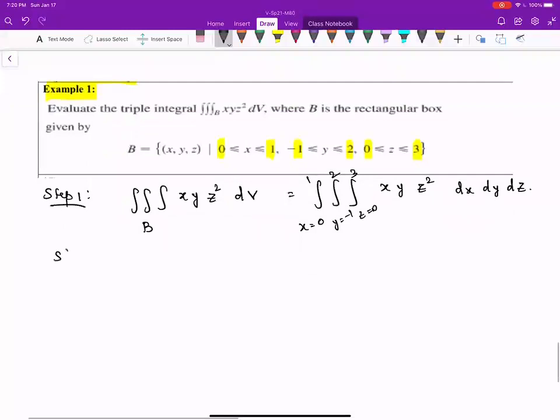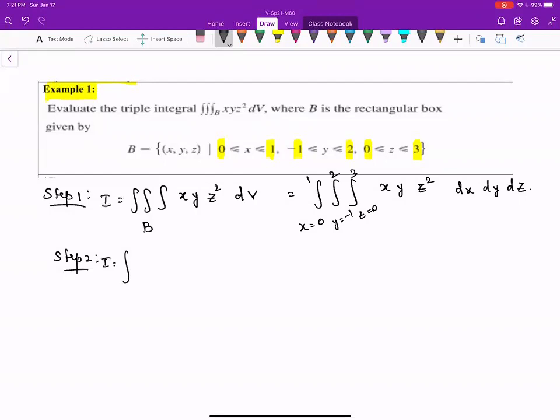In this particular problem, we notice that we have a product of functions, a product of variables x, y, and z square, and each one of them varies over definite limits. Since it is a product, we can separate them. If it was a sum, you could not have separated them. I'm going to call the given integral I, just for convenience.